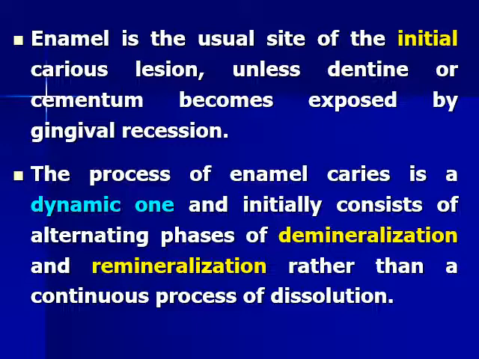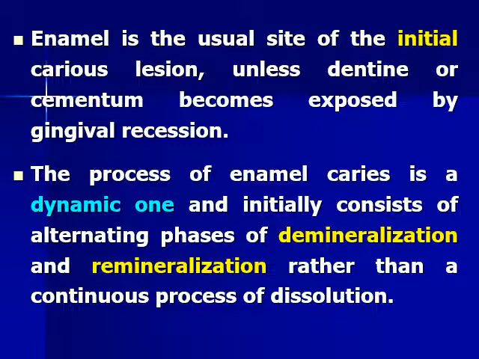As we mentioned before, caries is a dynamic disease. There are periods of demineralization at first, so the salts are removed from the tooth by the action of acid, followed by periods of remineralization, which is the deposition of minerals on the tooth surface after the pH gets back to normal or slightly alkaline. So minerals are reprecipitated.